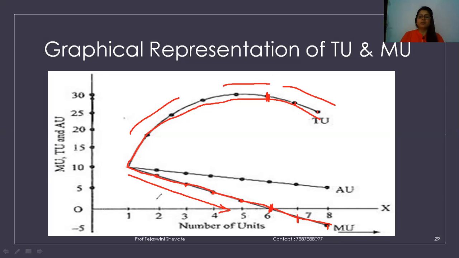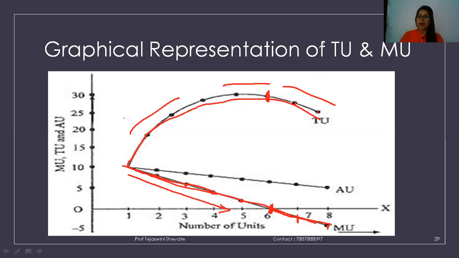So remember, the marginal utility curve can be positive, it can be zero, and it can turn negative. When total utility reaches the point of satiety, the marginal utility intersects the x-axis and becomes zero.